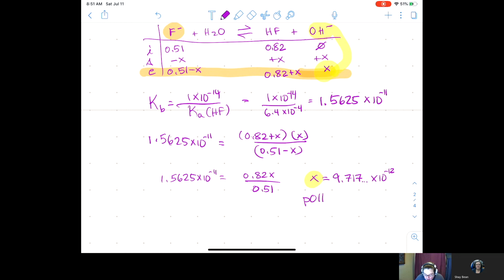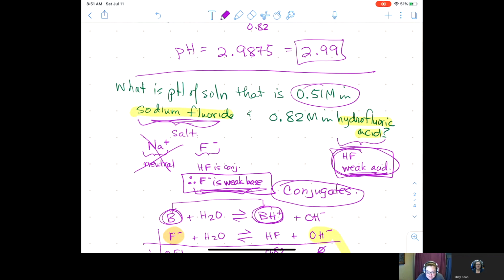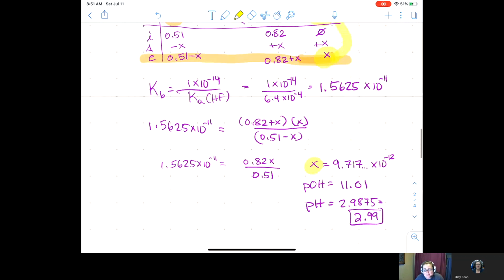And so the pOH is the negative log of that, or 11.01, which means the pH is 14 minus that, or 2.9875, or 2.99. What do we get? 2.99. Imagine that. We end up with exactly the same pH, and we have to. We're talking about the same solution, but you can work it either from the weak acid direction or the weak base direction. Doesn't matter.